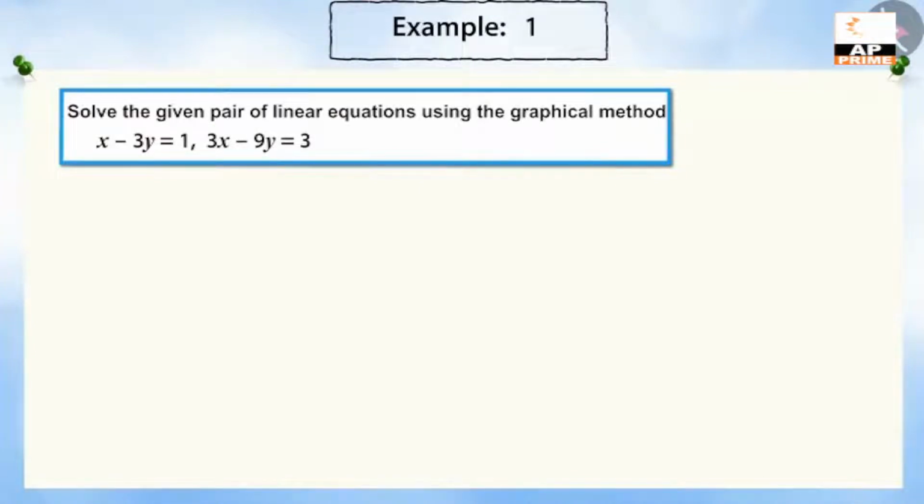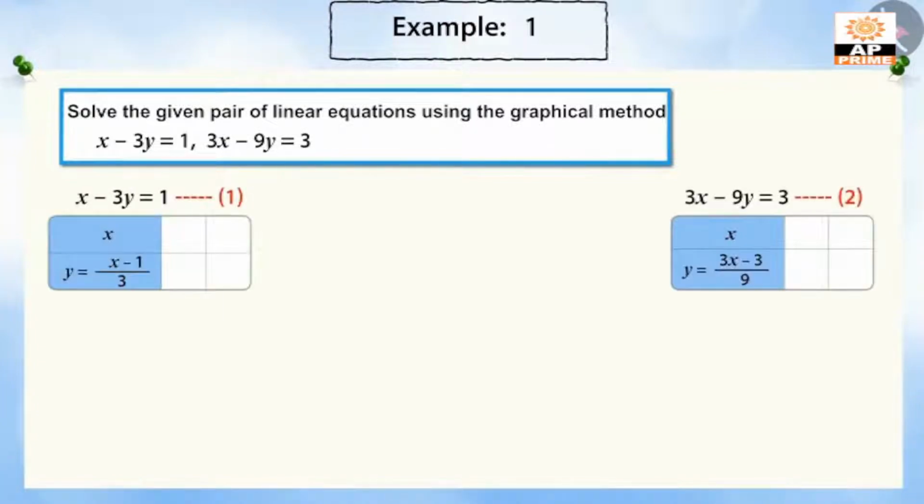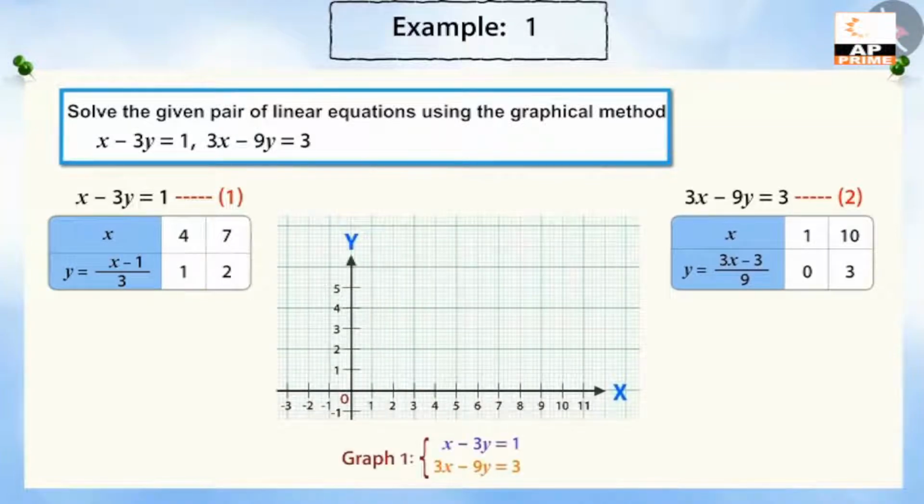Solve the given pair of linear equations using the graphical method. For the given pair of equations, in each equation, for the value of x, take the corresponding value of y and plot them on the graph paper to obtain two simple lines. You can see that these two lines are coincident lines.